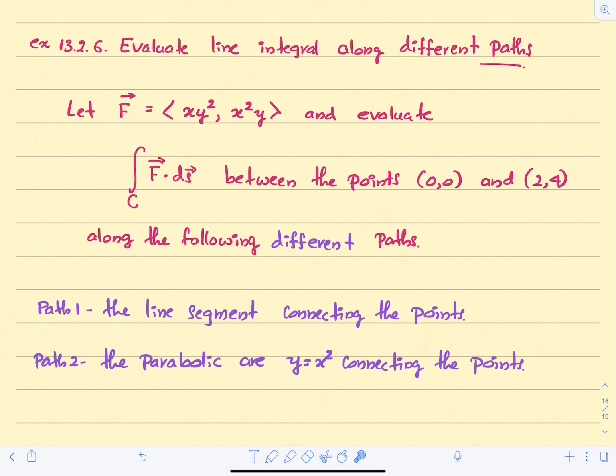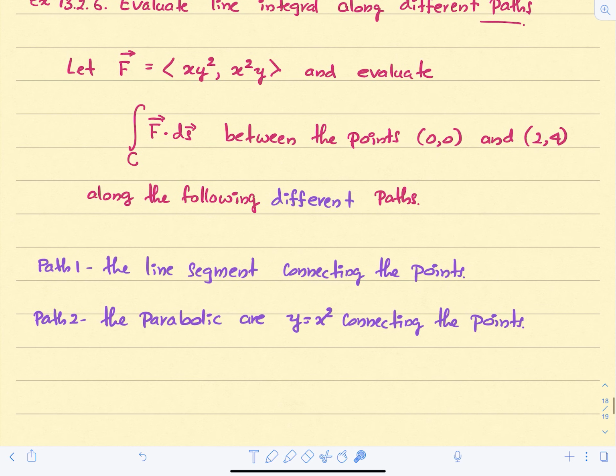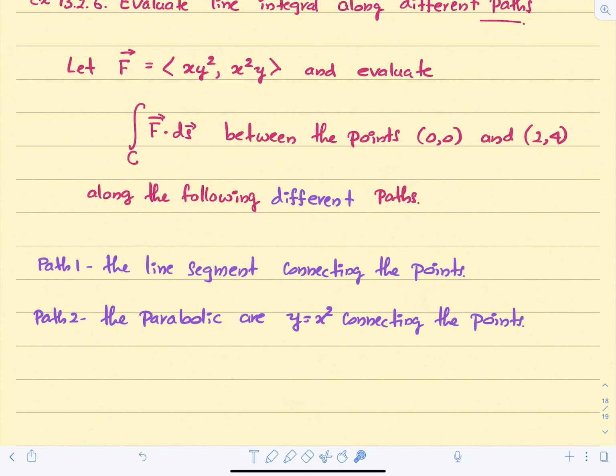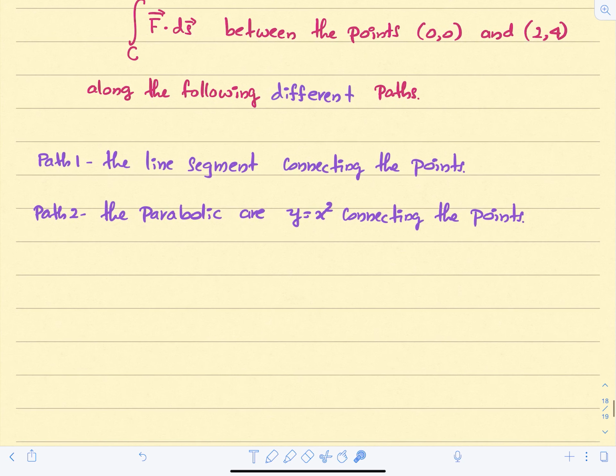So we are given a vector field F. The vector field is xy squared comma x squared y, and we want to evaluate this line integral between the points 0 comma 0 and 2 comma 4 along the following different paths. Path 1 is the line segment connecting the points.